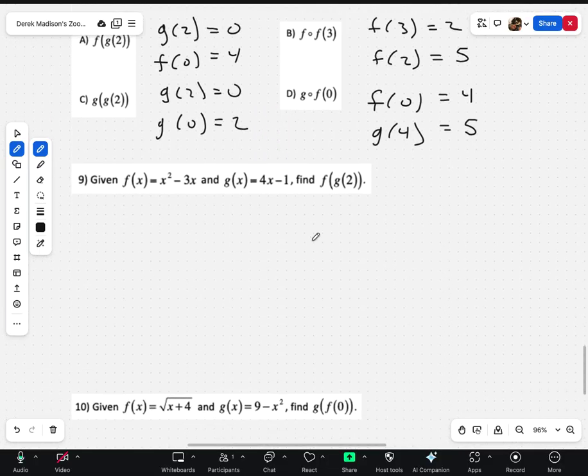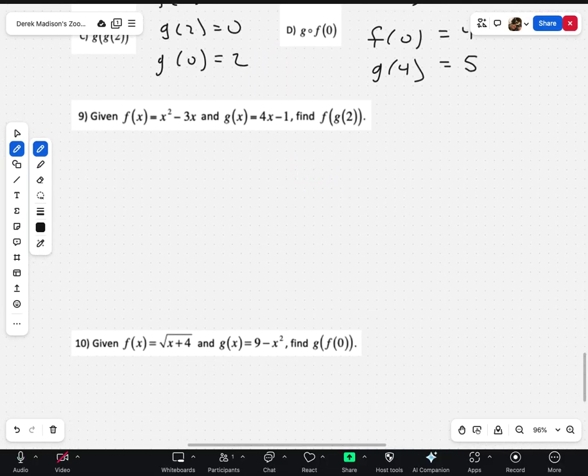And then we'll see that same thing here, but just with some equations. So for this, I'm supposed to find f of g of 2, so my first step is to find g of 2, and that would be 4 times 2 minus 1, so g of 2 would be 8 minus 1, or 7, and then g of 2 is 7, so we're finding f of 7.